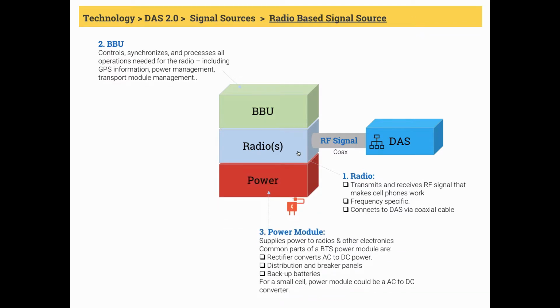Like any other electronics, radios and BBU need electrical power to run. There will be a power module that can take power from the building and feed the radios and other active electronics.